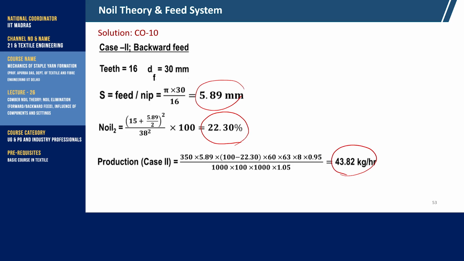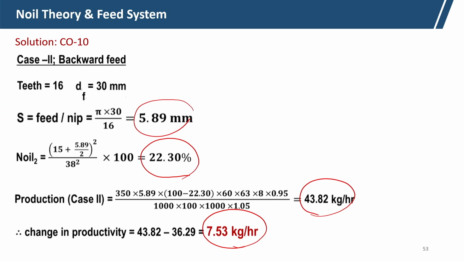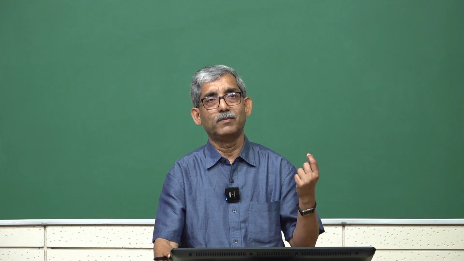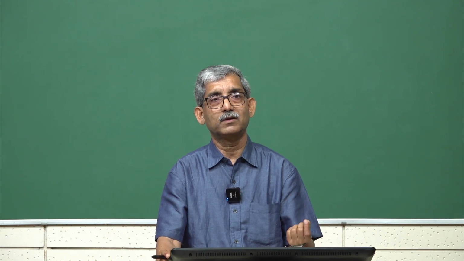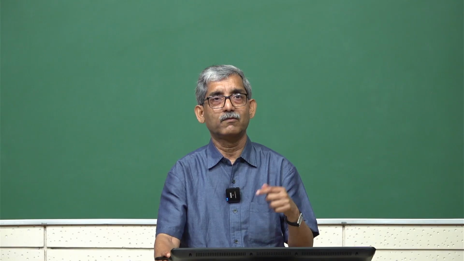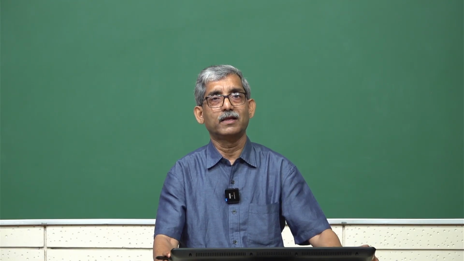So, the change in productivity will be 7.53. So, all these combinations we can do, but what we have done, we have tried to understand the Noil extraction, and it basically is dependent on the detachment setting and feed length and also fiber length.